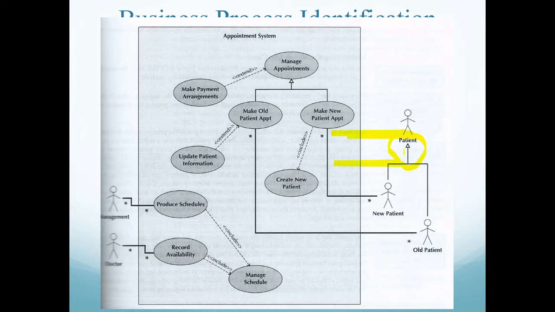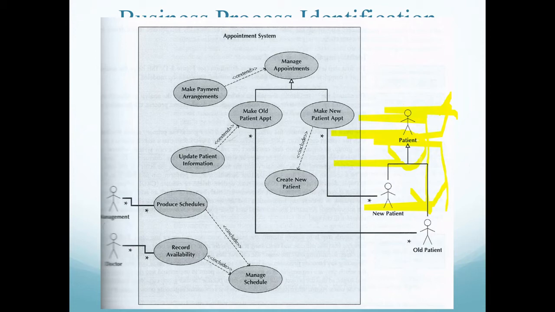If you think about the situation in this direction, up to down, then you can consider this relationship as a specialization relationship. If we think about bottom to up, then it is considered a generalization relationship. Look at this. We have two patients, new patient and old patient. They are all a kind of patient.